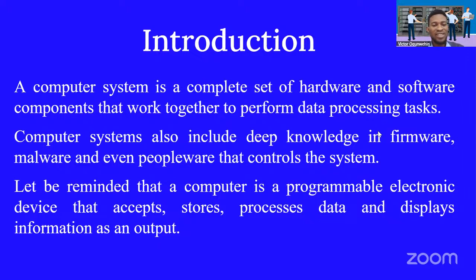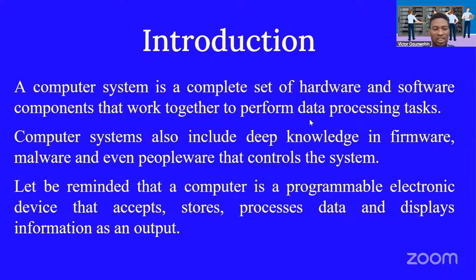A computer system is a complete set of hardware and software components that works together to perform data processing tasks. That is what a computer system is.